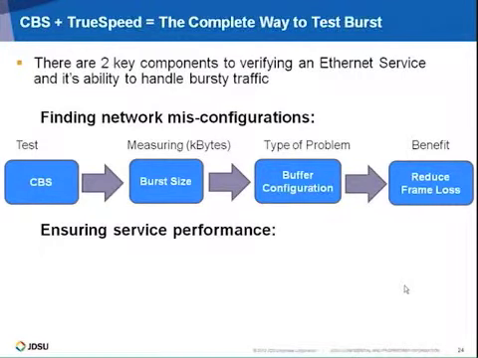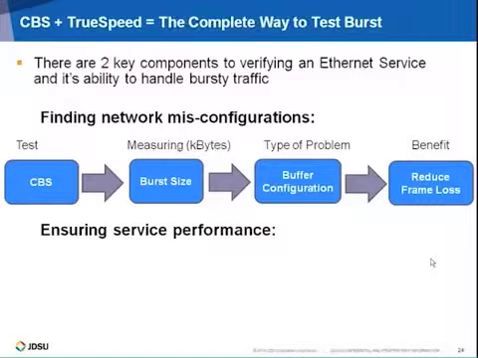The first one is looking for network misconfigurations or provisioning problems. And the second key component is ensuring service performance. Now that I know I have X amount of throughput, is it quality throughput? That is the same approach that we're recommending for testing burst, looking for these two key components.